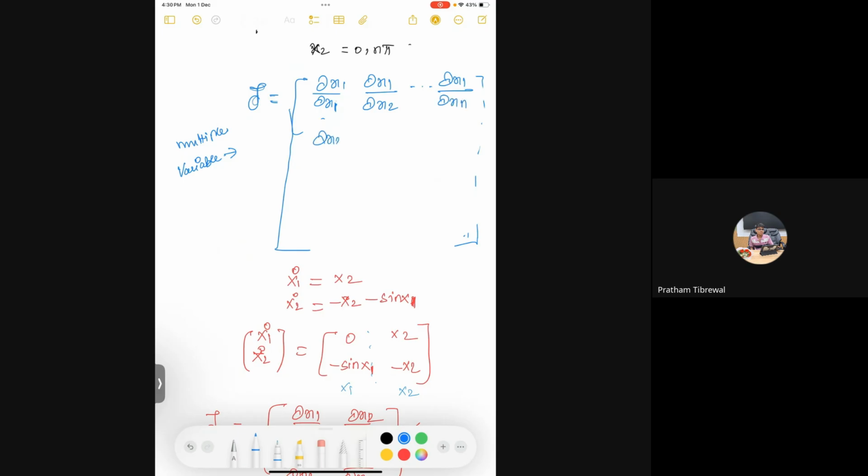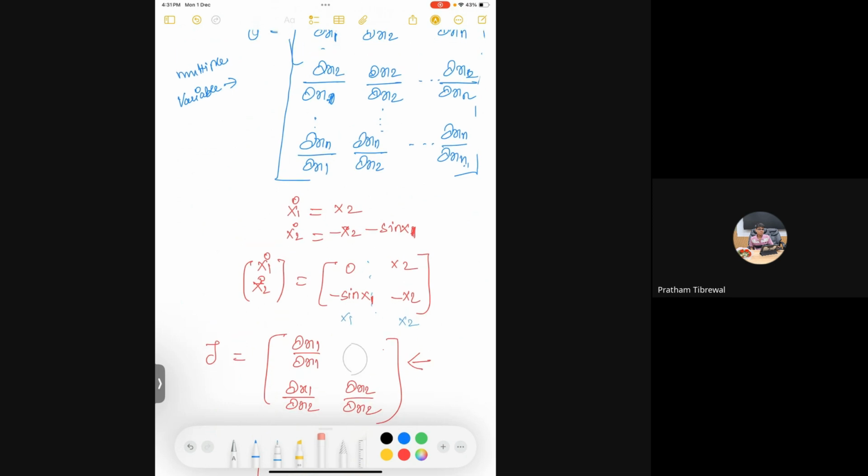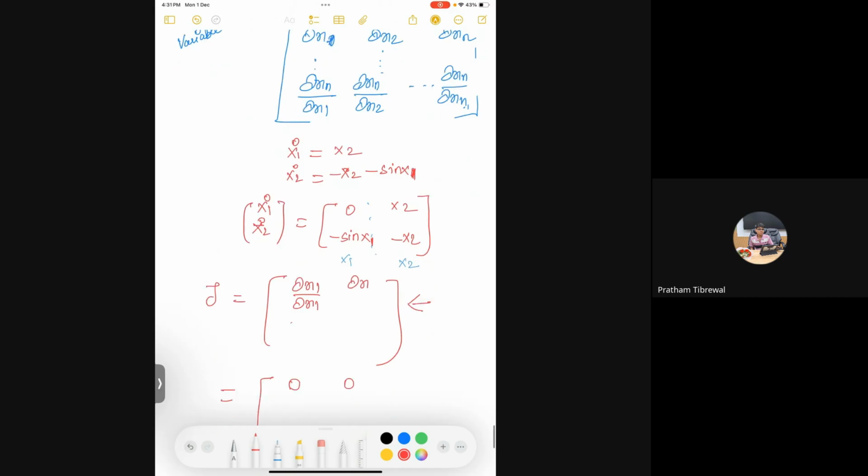So this will be dou x1, dou x1, and then dou x2. I have written it in a different way, like instead of rows, I wrote it in columns. Dou xn by dou x1, dou xn by dou x2, until you reach dou xn by dou xn, right? Now this is correct. This is the numerator, not the denominator. The numerator will be the same, the denominator varies.